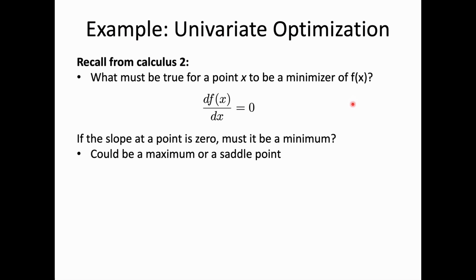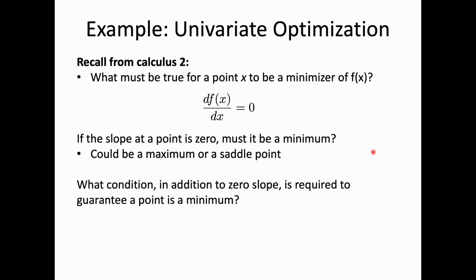We can either have a minimum, a maximum, or a saddle point. And a saddle point, we're going to learn more about this later in the course, but the saddle point is basically where we come to a flat spot. Say we're decreasing from the left, we come to a flat spot, and then we go back to decreasing. We could have a slope of 0, but not be at a minimum.